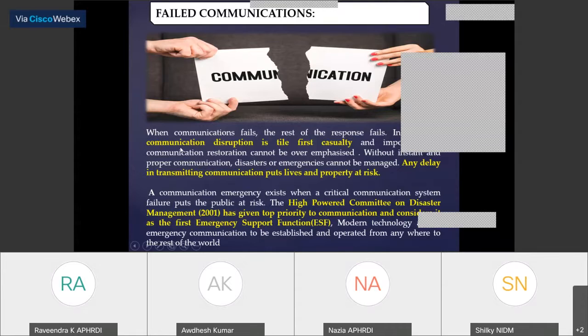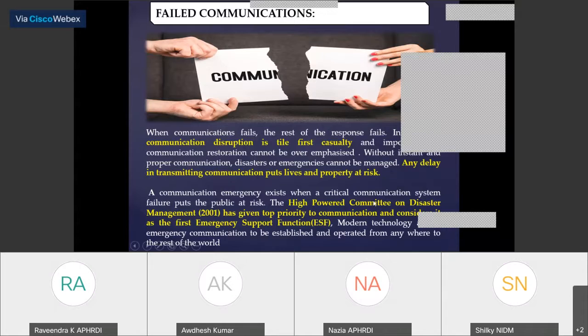If we talk about disaster management, then first of all we have to communicate with the people. The rescuer and sufferer have to maintain a relationship, and this relationship cannot be possible when communication is not available.